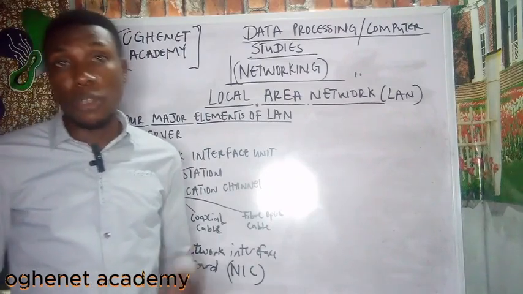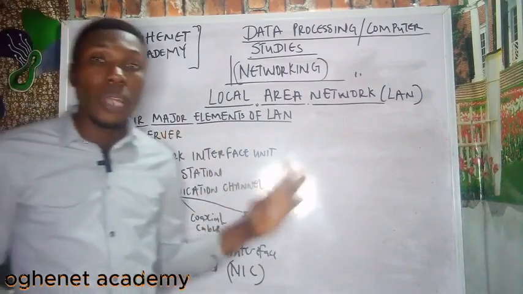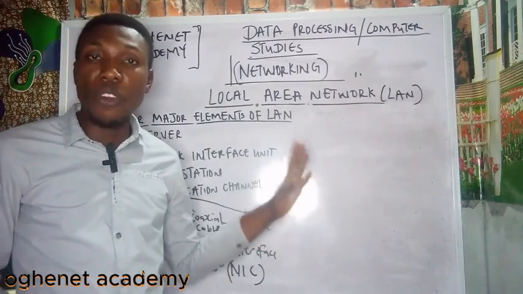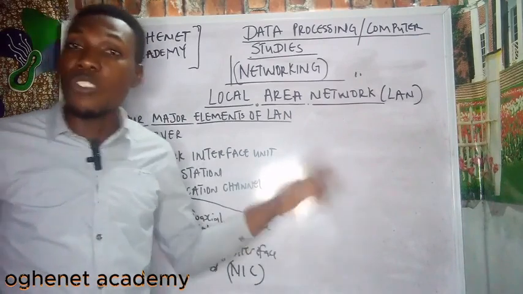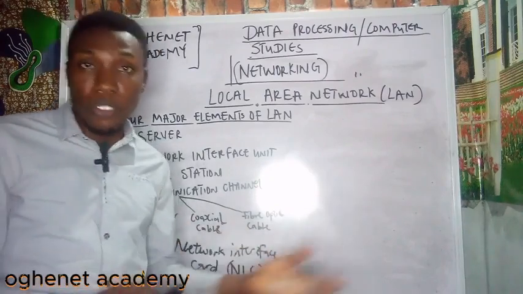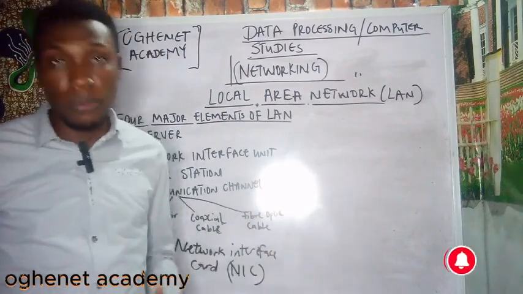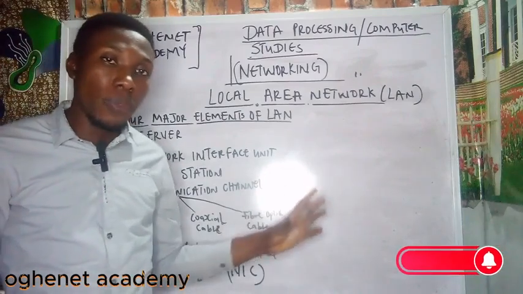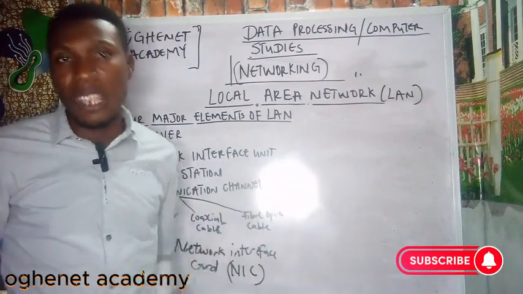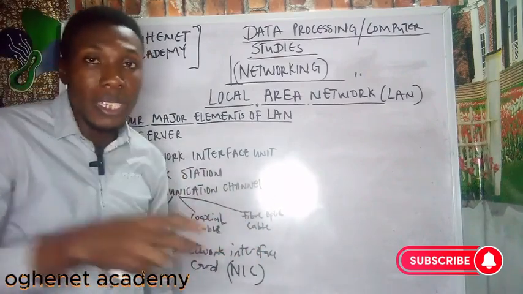If you remember vividly, I made mention of the fact that you can store different applications or software in your server. So how can you access those applications or software that you have stored in your server? It's through the workstation. The workstation makes it possible for you to access those files and folders which have been stored in the what?